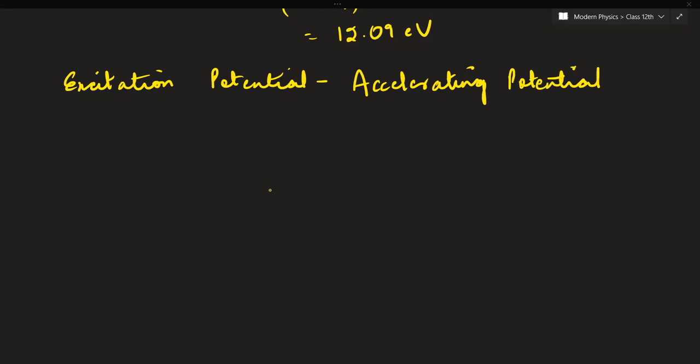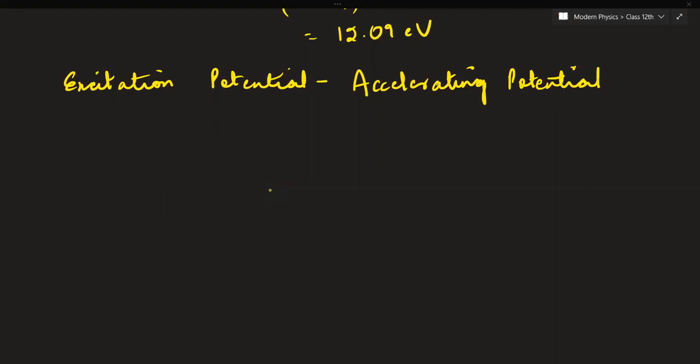So this is an accelerating potential basically. And this accelerating potential is given to all the electrons that are colliding. So sufficient energy is there to excite the target atom by raising one of its electrons from an inner to an outer orbit.